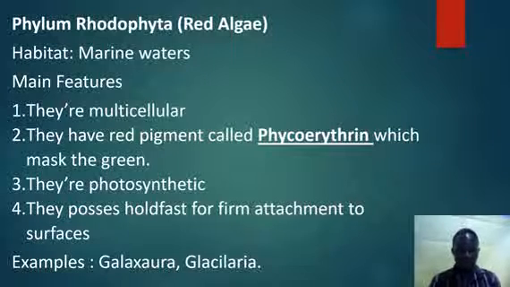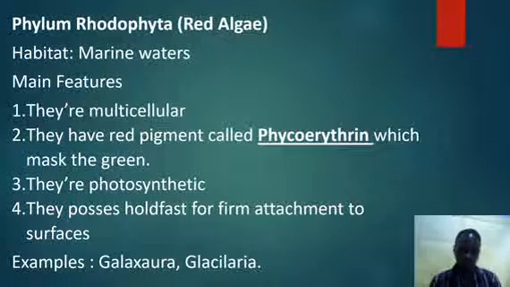Number 3 is that they are photosynthetic. It means that there is chlorophyll that helps them to trap sunlight for photosynthesis, just that the chlorophyll is covered with the phycoerythrin. So you will not see the green pigment, you see rather the red pigment.